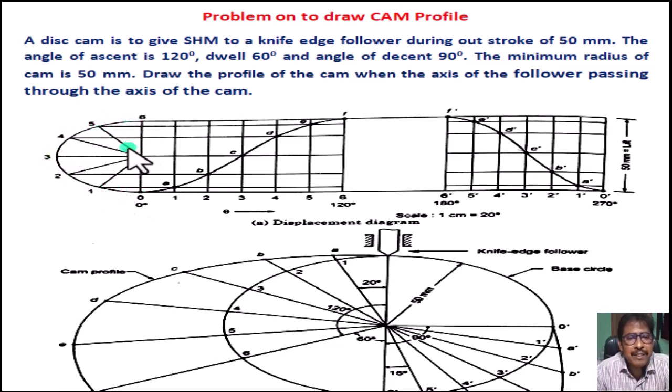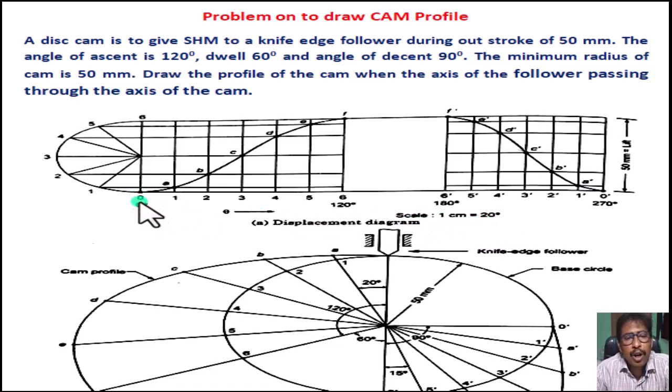All these angles are 30 degrees. Now draw the horizontal line 0-0 dash, representing the angle 0 to 270 degrees. Here we take a scale of 1 centimeter equal to 20 degrees.